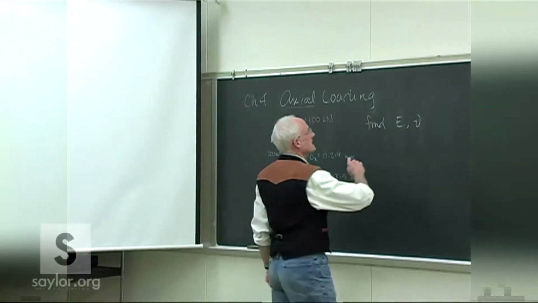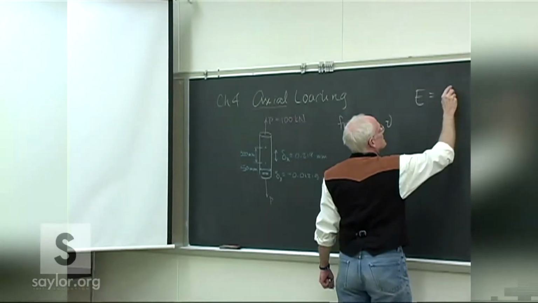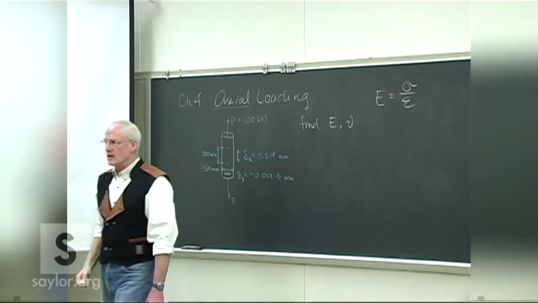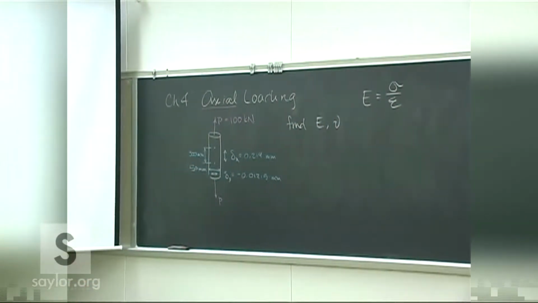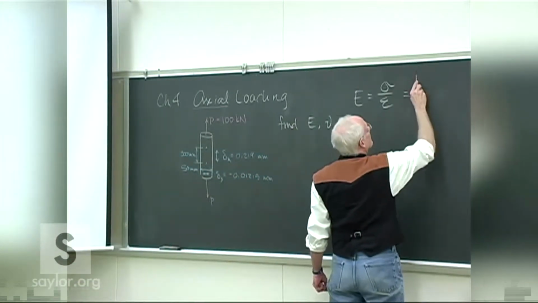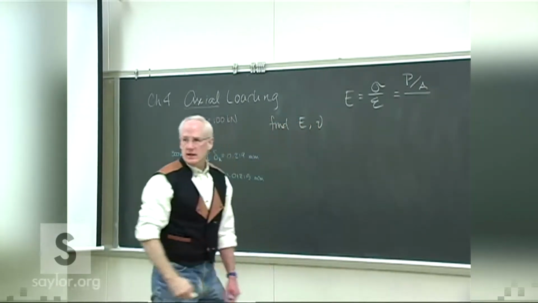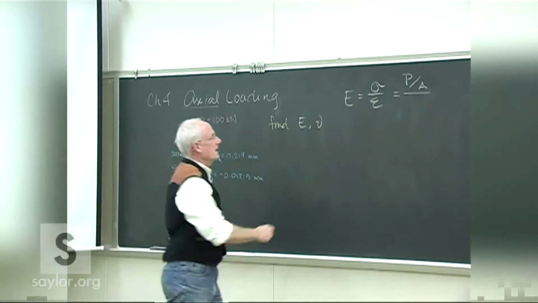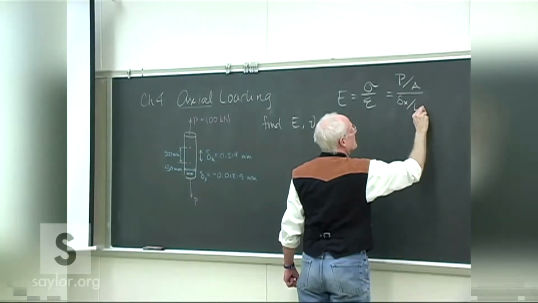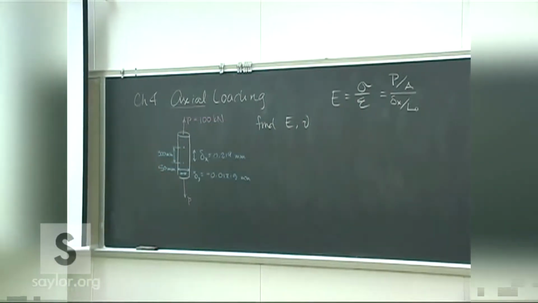We'll get to each of the pieces as we go. So this elastic modulus is defined as the normal stress over the normal strain. In other words, the load over the cross-sectional area carrying that load, divided by the elongation divided by the original length.